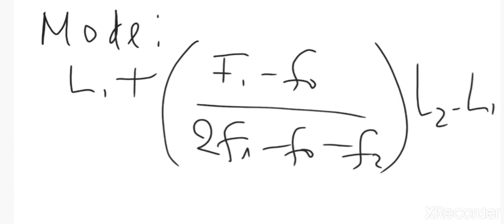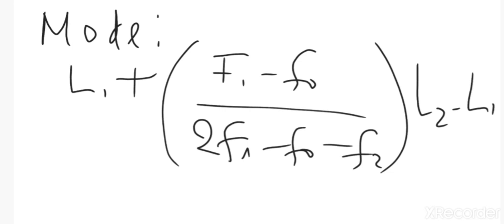This is the formula of calculating mode for the grouped data, where F1 stands for the frequency of the modal class, F0 stands for the frequency of the class before the mode, and F2 is the frequency of the class after the mode. And this is the formula of calculating mode.